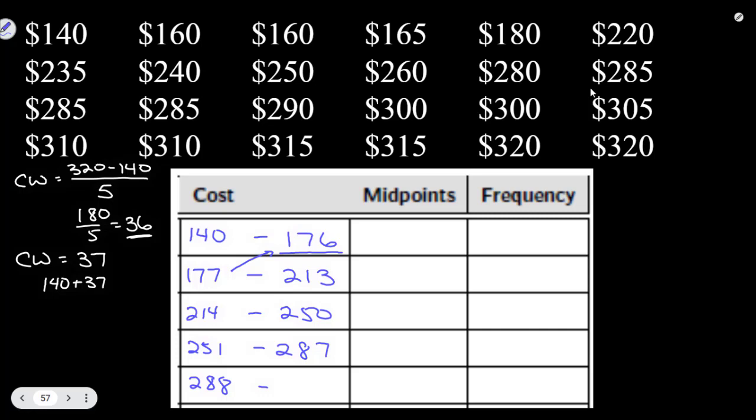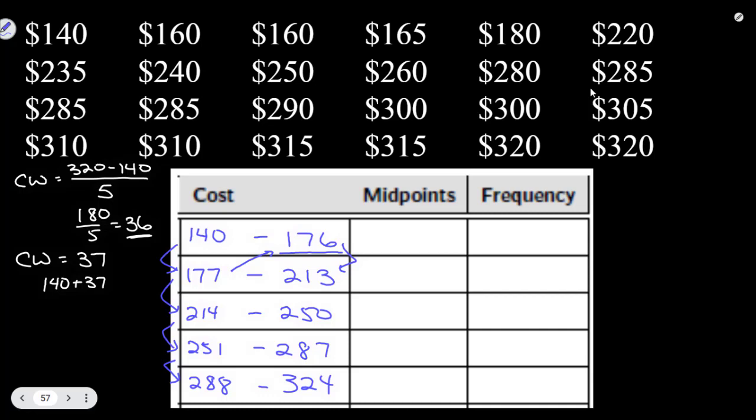But notice, since all of these, we added 37, added 37, added 37, the same thing happens here. So 176 plus 37 gave us the 213, plus 37 gave us the 250, plus 37 gave us the 287. So we're going to add 37 again to find that last upper class limit, and it ends up being 324.